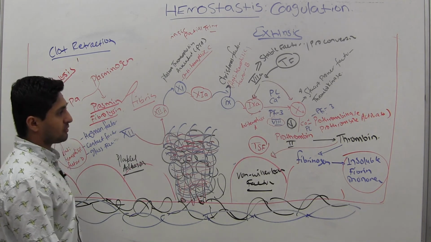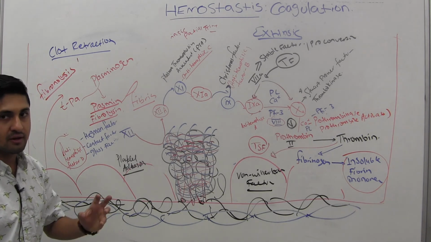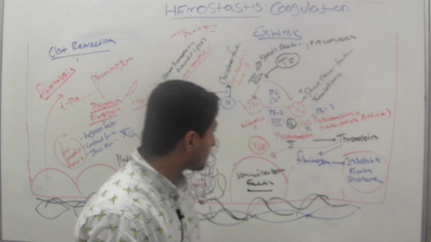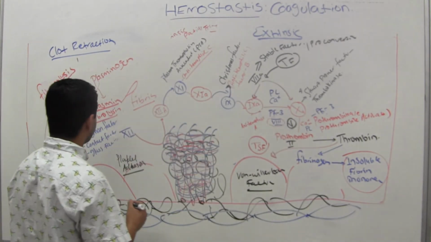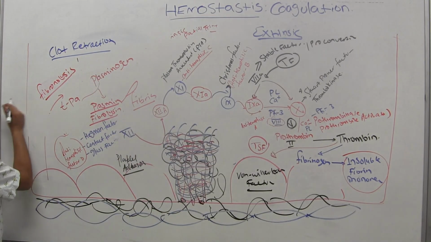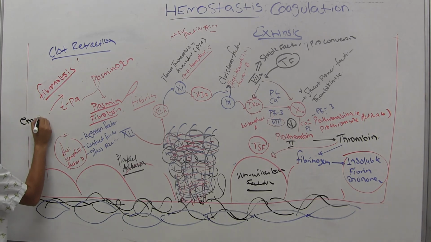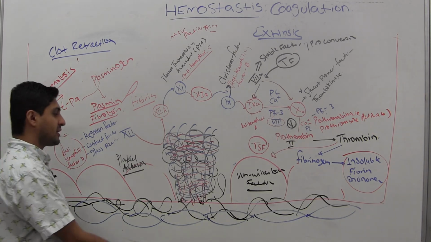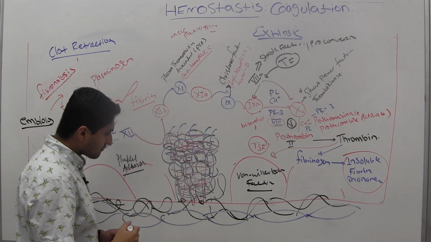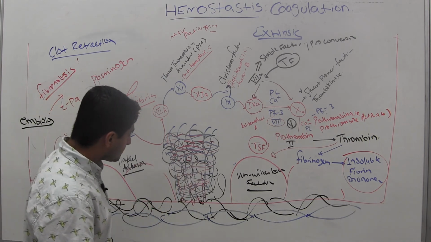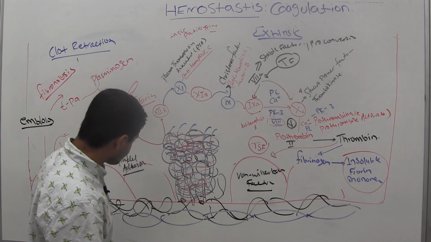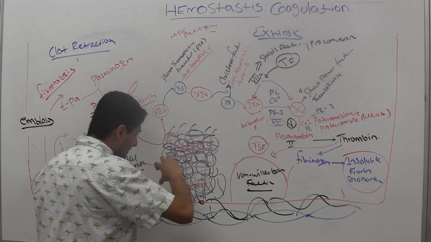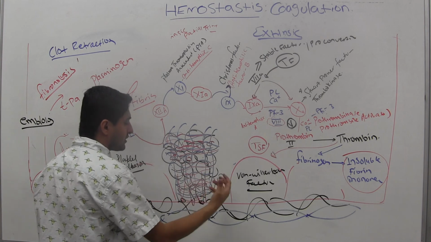Now, let me quickly mention something called an embolus. What is an embolus? Let me write this down here. Sometimes, when a clot is formed in order to prevent the blood loss, it detaches, because of blood flow or something.